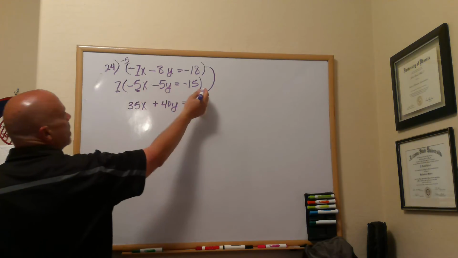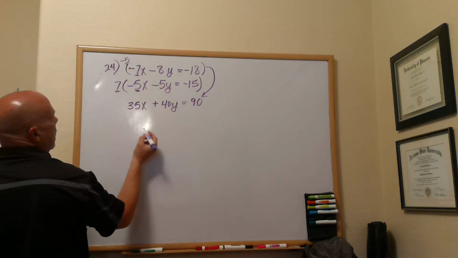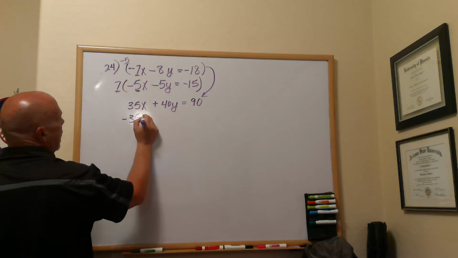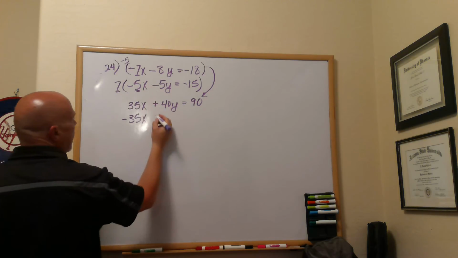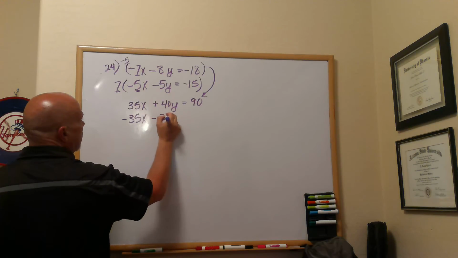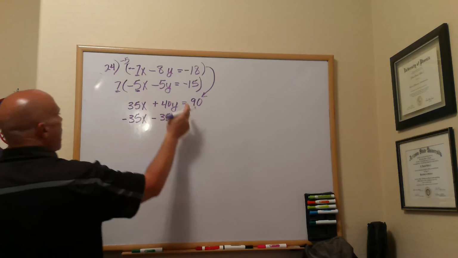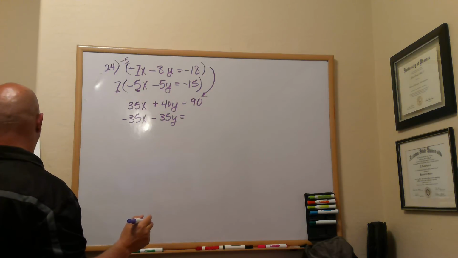Now I'm going to do the same thing with the second equation, except now I'm multiplying it by 7. So 7 times a negative 5 gives me a negative 35x. A positive 7 times a negative 5, again, negative 35y. And then a 7 times a negative 15 is a negative 105.